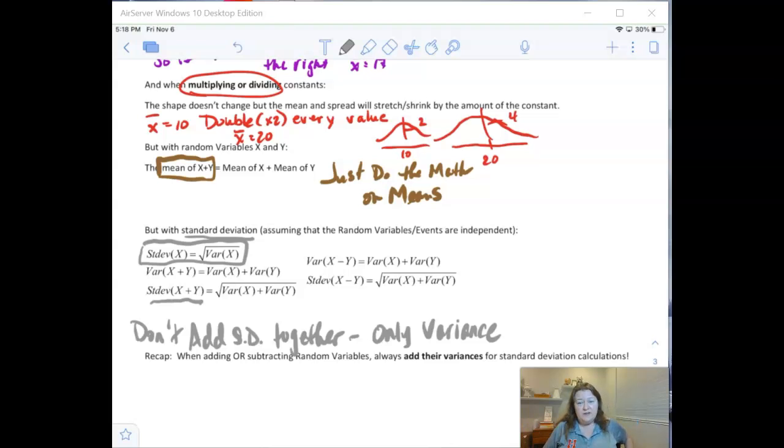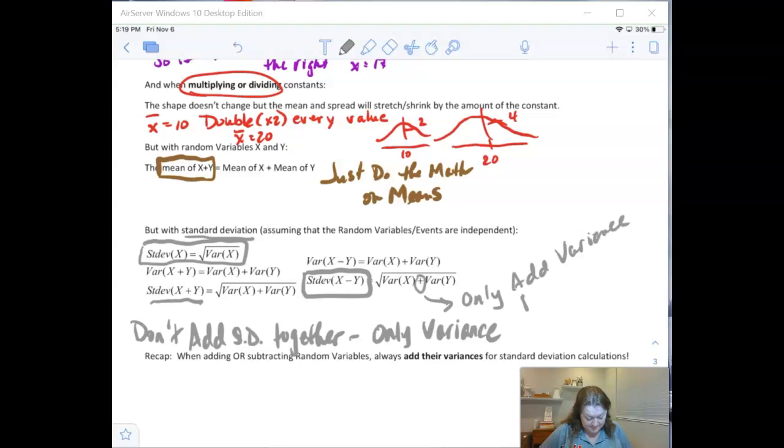Okay, so even if they're asking you to do the subtraction of a random variable, if you're looking for standard deviation of that, you are still going to add. Okay, it is only add variances, never subtract.